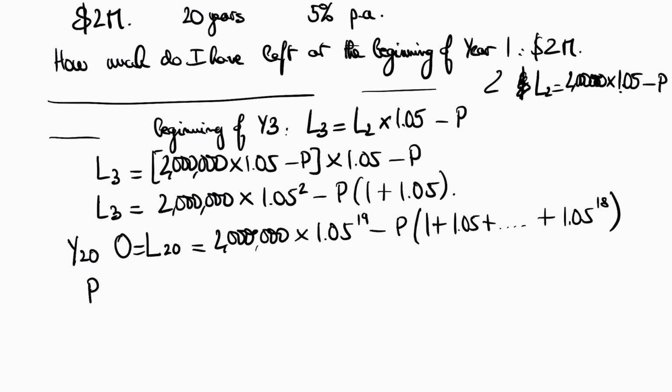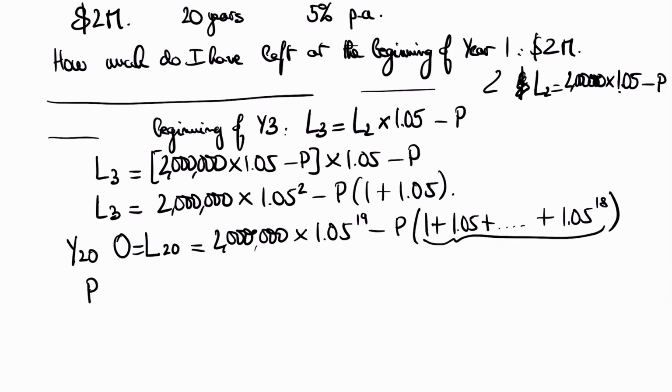And this is equal to what? The sum is 1.05 to the power of 19 minus 1 over 1.05 minus 1.